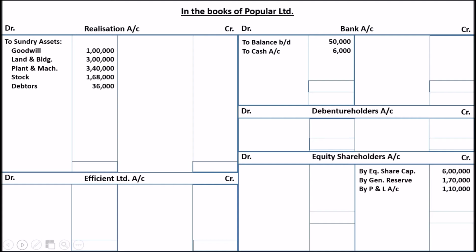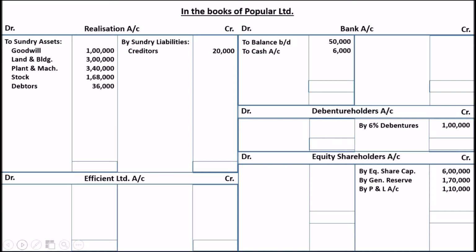The next item is 6% debentures. Now we have a debenture holders account, transferring their balance there by 6% debentures, amount is 1 lakh. And finally sundry creditors will go to realization account credit side under by sundry liabilities, creditors value is 20,000.